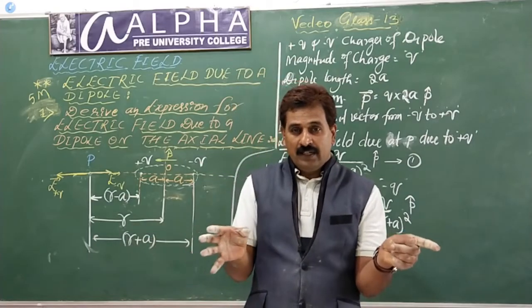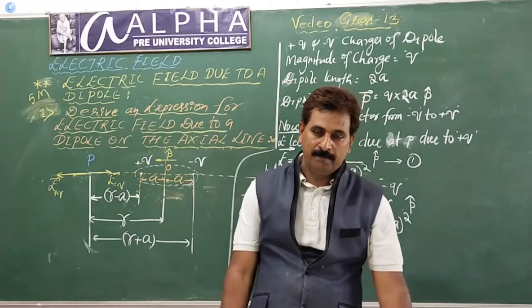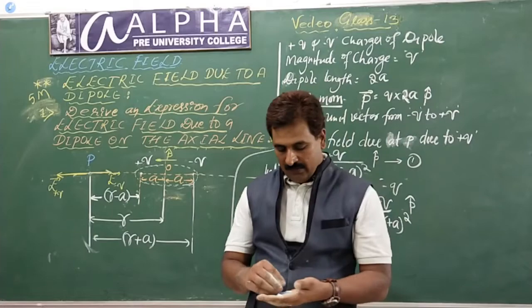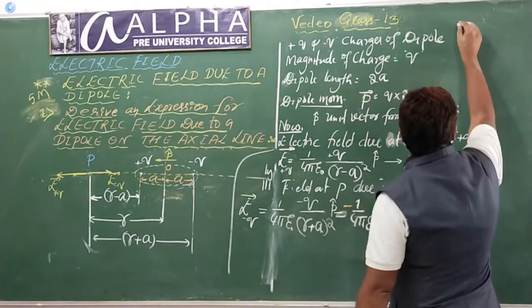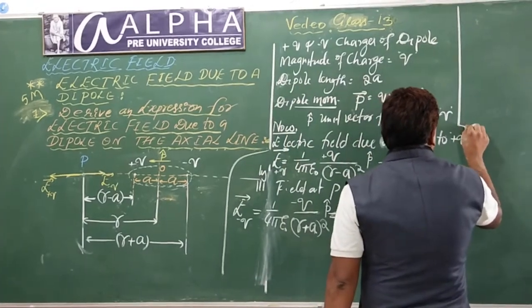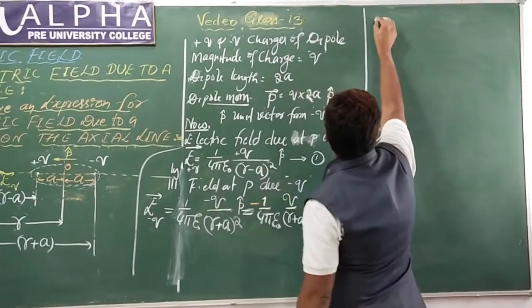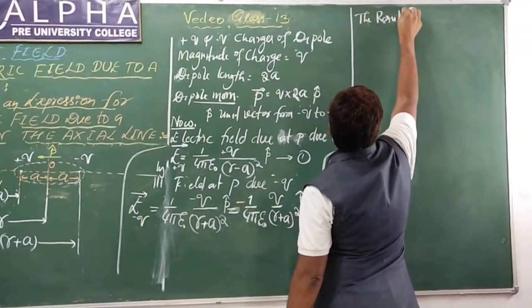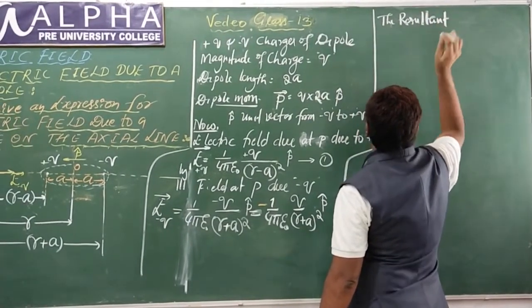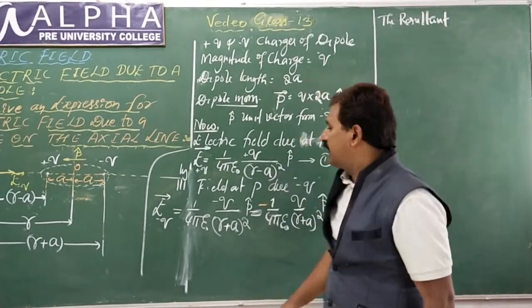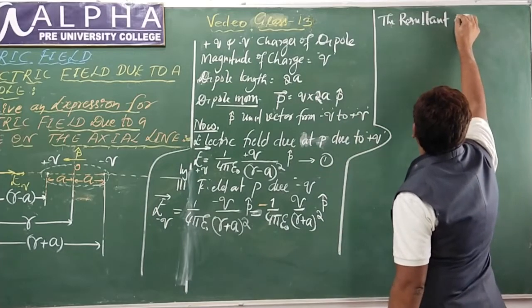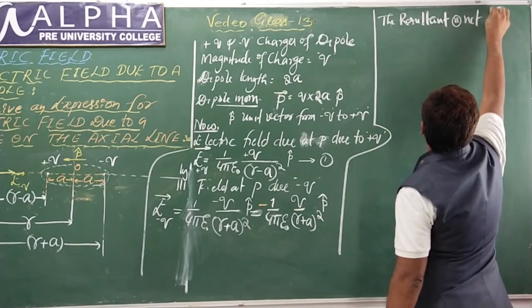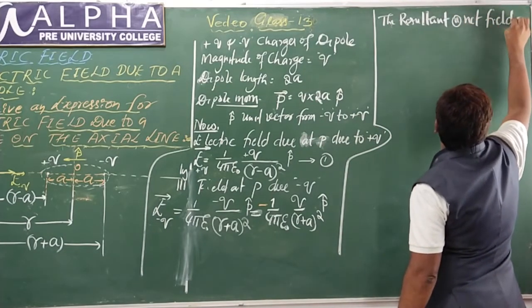Opposite direction, greater value minus lesser value. Now, since they are in opposite directions, I'll write here the resultant or net field.